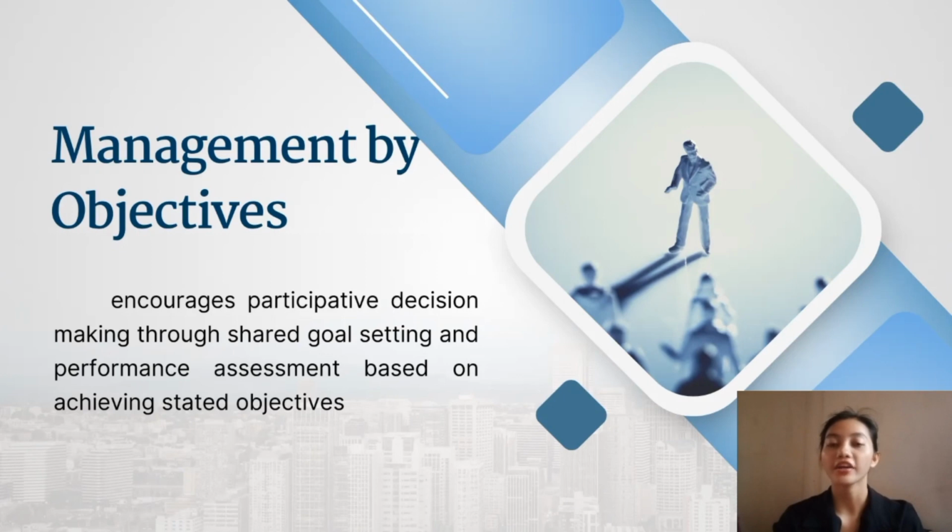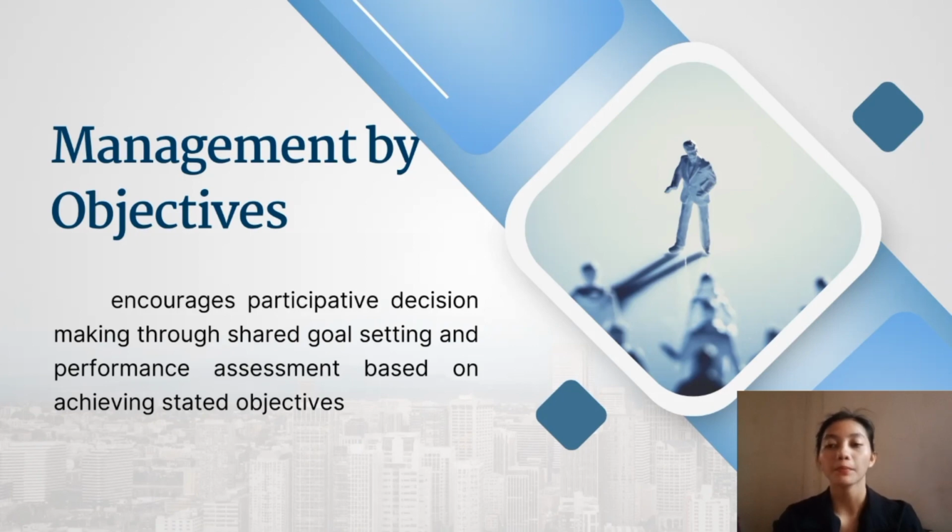Now, let's talk about MBO, or management by objectives. This is a particular type of management style where you lay out a set of objectives and you encourage employees to share decision making, goal setting, and performance assessment to achieve the objectives. So, together, a company comes together and says, this is our management objectives.